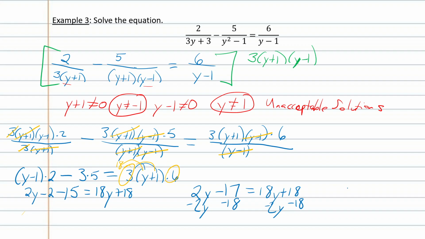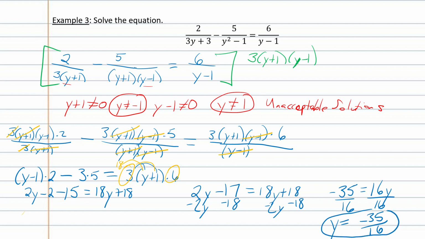So this should give me negative 35 equals 16y. And then we divide by 16 to get y by itself. And we get that y equals negative 35 sixteenths.